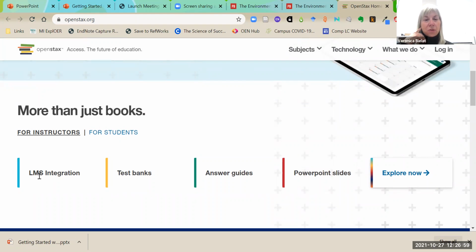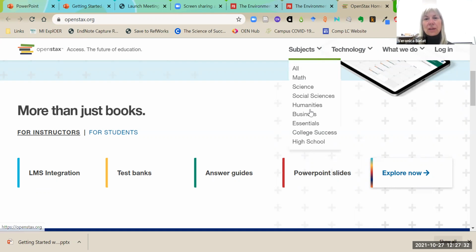So if you talk to your librarian at your institution, they will be able to help you with finding that integration in Canvas. We use Canvas here at Wayne State, and in Canvas you can find the OpenStax integrations in something called Canvas Commons. You could just bring it right into your course with everything, test banks, chapters all set up.